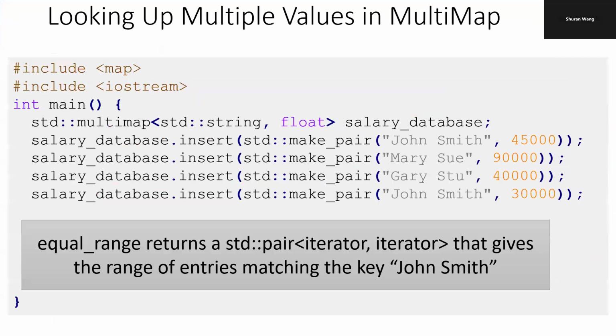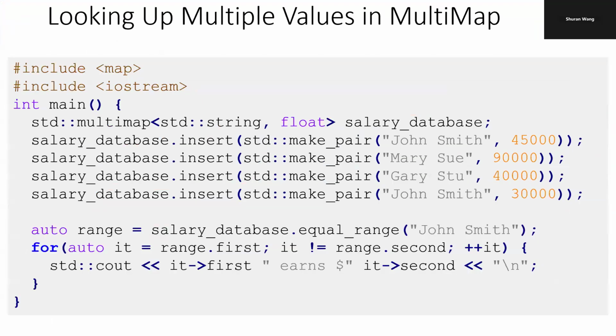So then we can use this equal range function, and the range returned from this equal range function, we can call a for loop here. We start from range.first. We check whether it's equal to range.second. If range.first equals range.second, then we don't even need to enter this for loop.